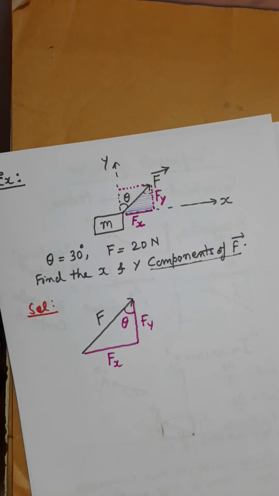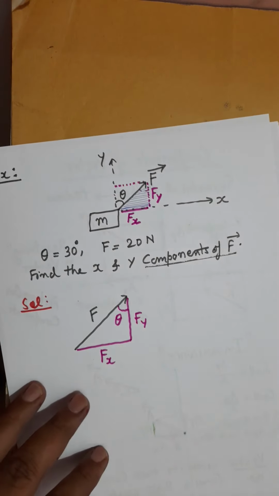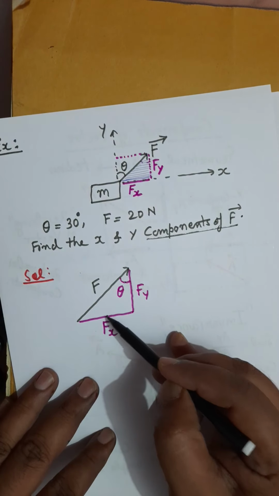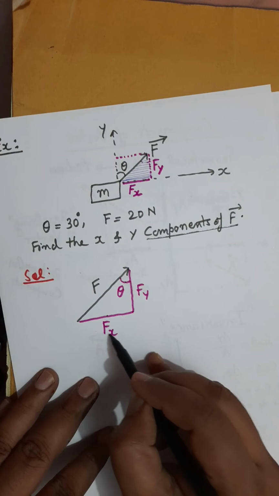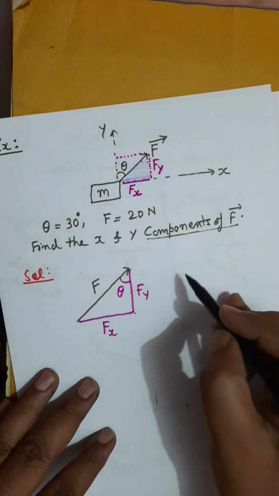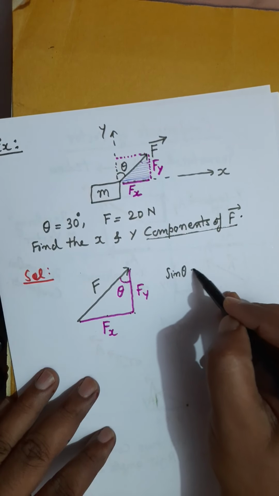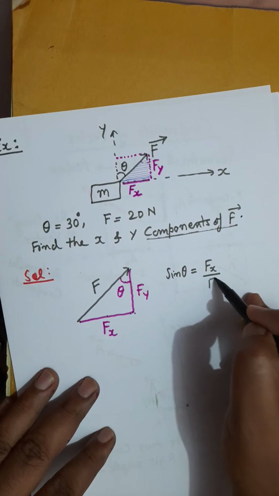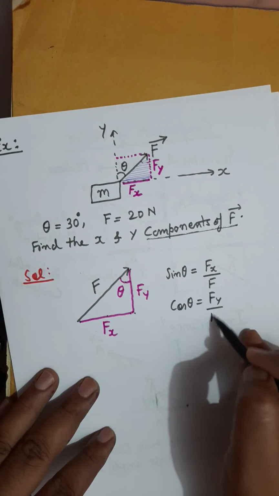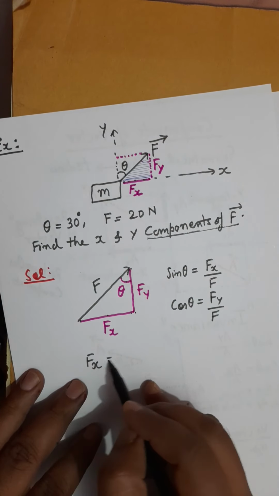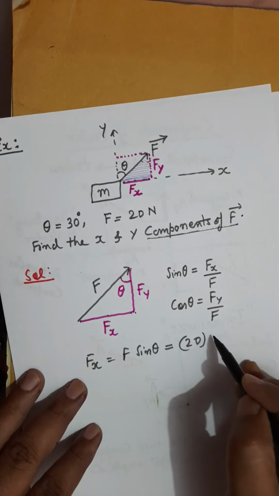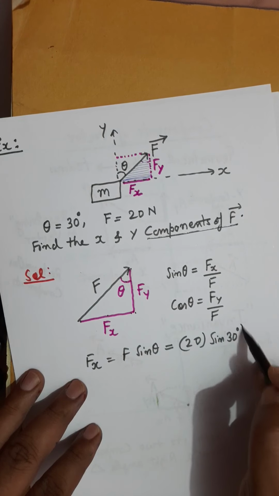Now use trigonometric ratios. Since this angle is theta, the side opposite to it, that is fx, is the perpendicular, fy is the base, and this is obviously the hypotenuse. So if you use sine theta, you get fx divided by f, and if you use cos theta, you get fy divided by f. So fx should be f sine theta. I put the numbers: f is 20 and sine of 30 is 1 by 2.